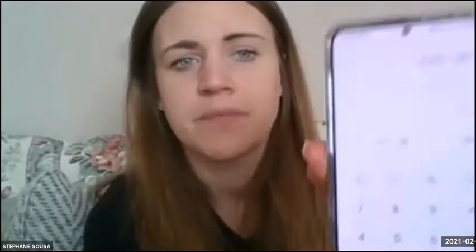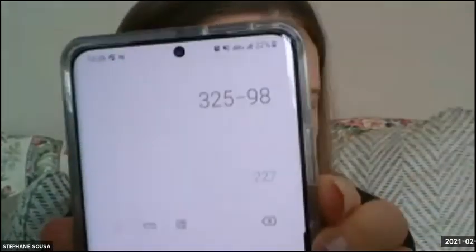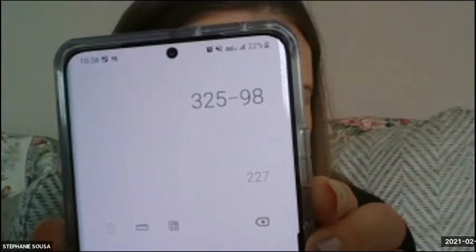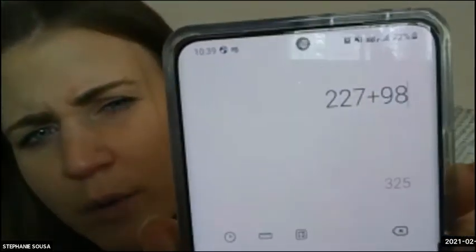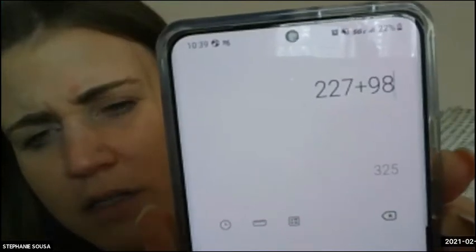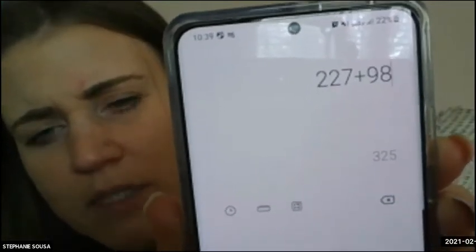I have 325 subtract 98. That equals 227. I can check that with addition, by taking 227 plus 98 and seeing if it equals 325. And it does. So you can always use opposite operations to look at the truth of a statement.